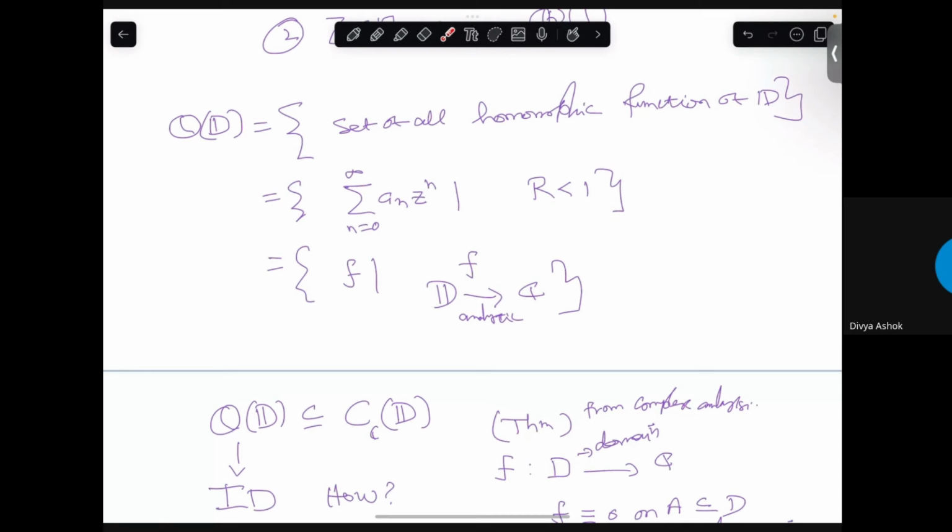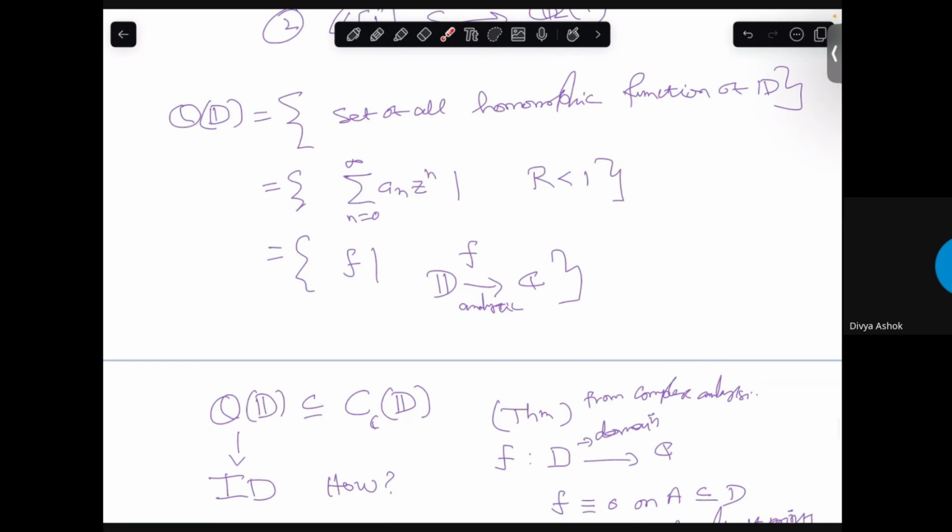Use this idea. You collect all the functions of D which have a removable singularity or a pole, not essential. We don't care about removable singularities. That's not really a singularity. Now collect all the functions which have a pole in D. Multiple poles are also possible, but finitely many poles.